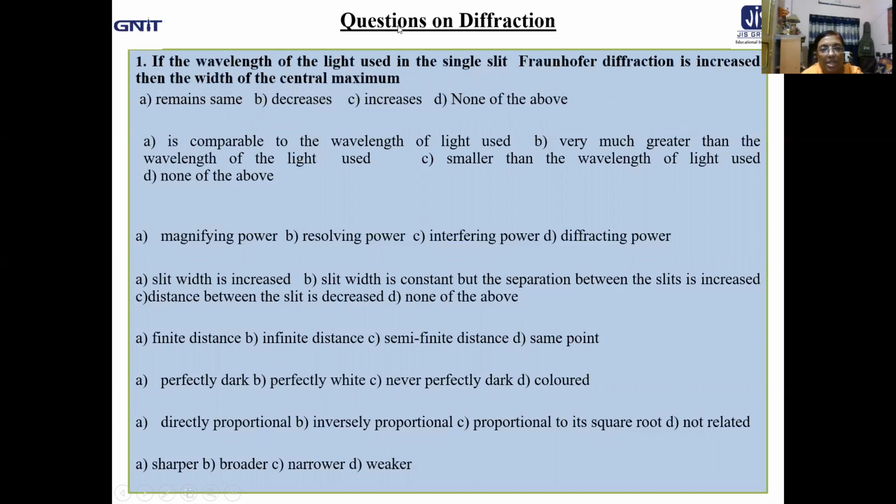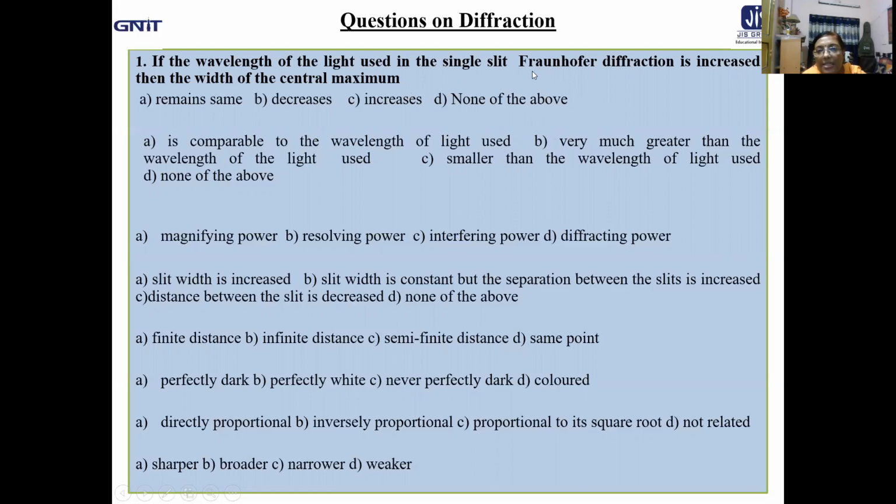The first question: if the wavelength of the light used in the single slit Fraunhofer diffraction is increased, then the width of the central maximum remains same, decreases, increases, or none of the above.